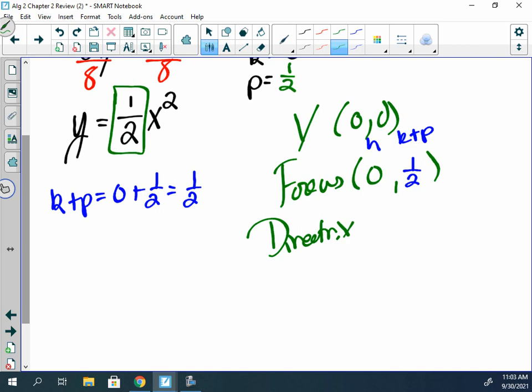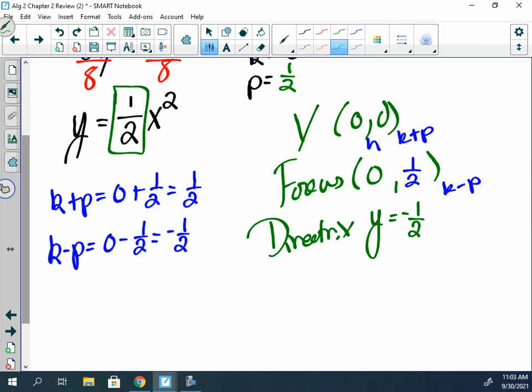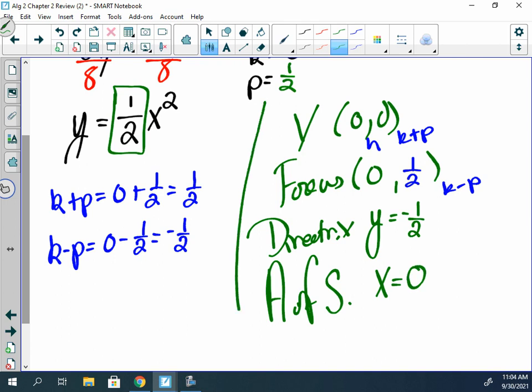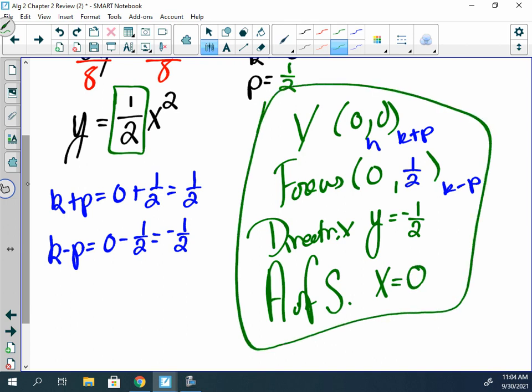Directrix is going to be y equals k minus p. Well, our k minus p would be 0 minus 1/2, which is negative 1/2. And last but not least, the axis of symmetry would be x is equal to 0. And that's it.